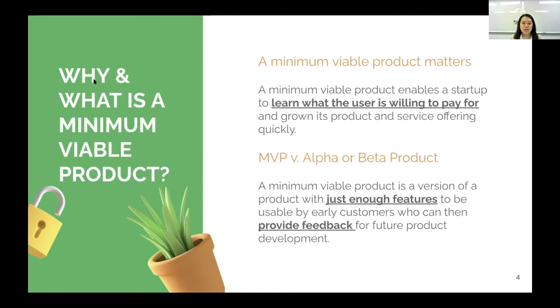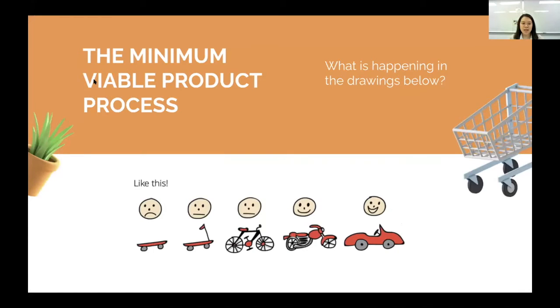So let's take a look at this image. Right now I have an idea: I want to make a moving vehicle. My first prototype may be two wheels plus a board. Then my user tells me they need some styling, so I add a flag. I keep asking my user for feedback. They may say, I want it to look modern, cool, safe.